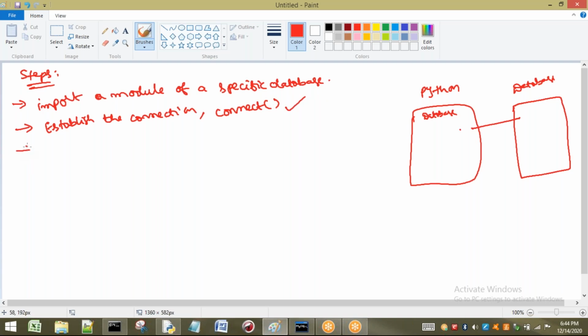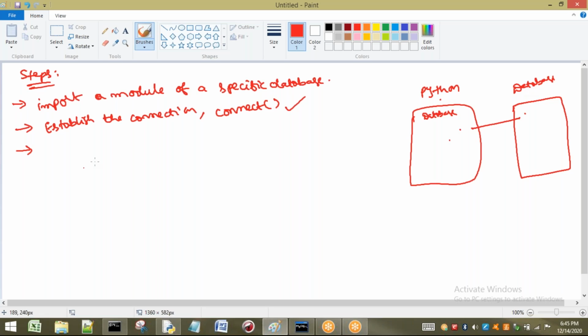Okay, next, third step. Now the connection is established, so this Python program and your database can communicate. What your database can understand is SQL, that is nothing but structured query language.